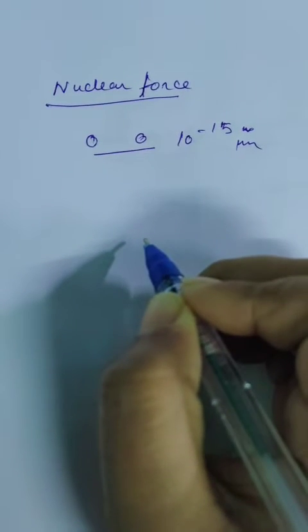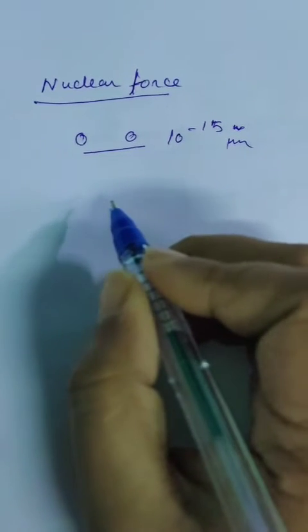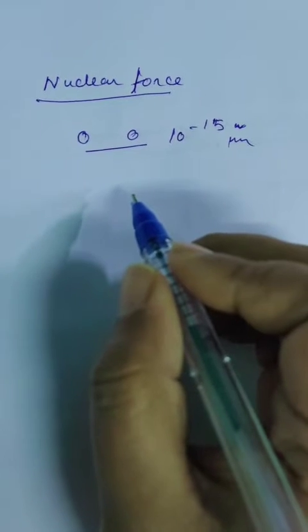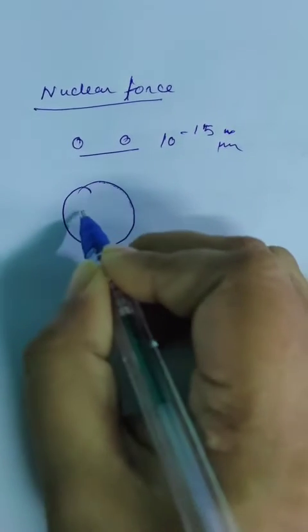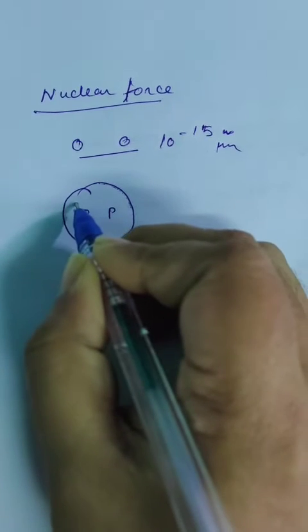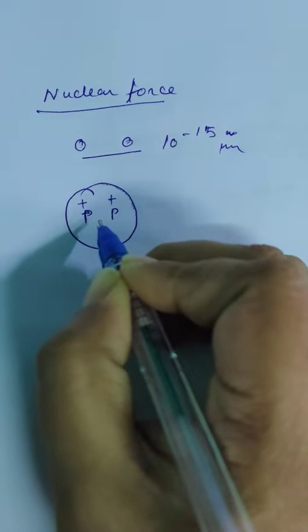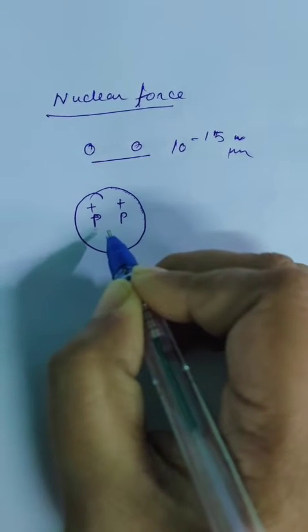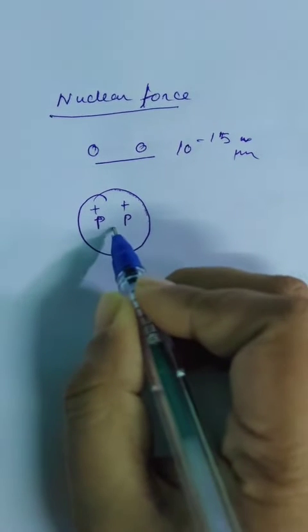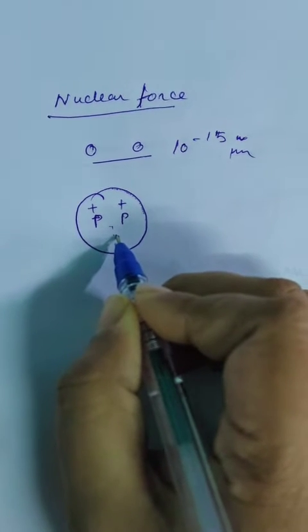Now at this separation, positively charged protons feel some electrostatic repulsion force. Suppose there are two protons with positive charge; there should be an electrostatic repulsion, for which it cannot hold the nucleons together.